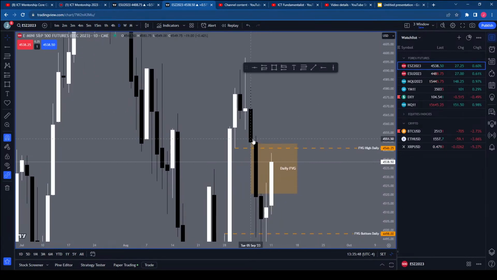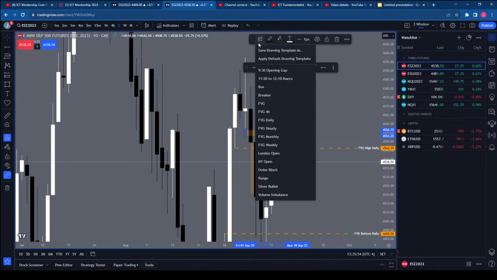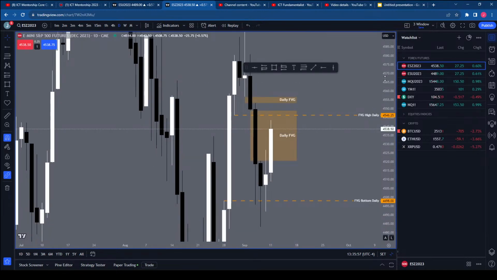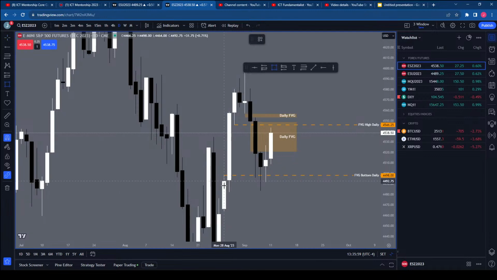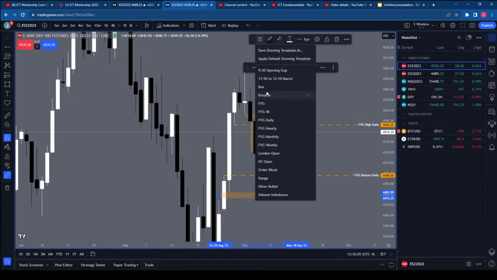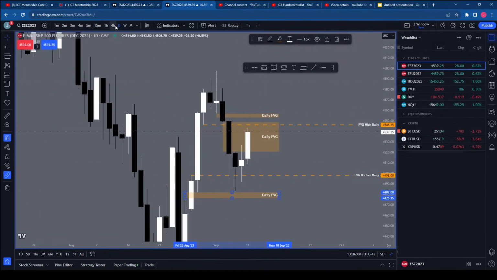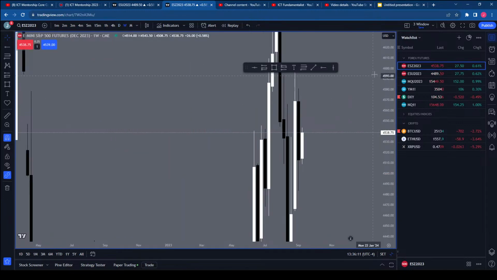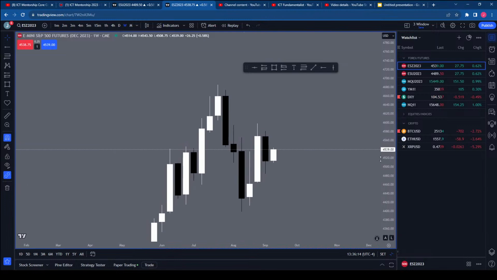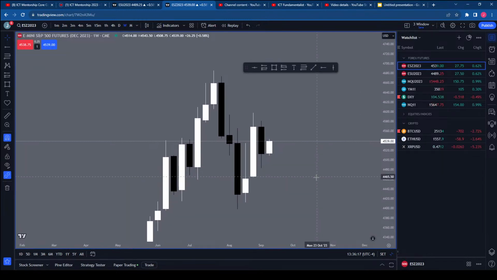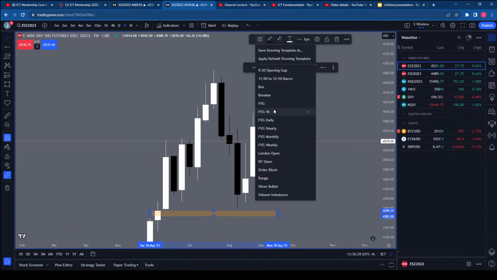Let's see. We also have one right here, a fair value gap on the daily. That was the one we are tapping into. Actually, let me go up to the weekly. Oh, okay, there's no weekly. I will adjust this.